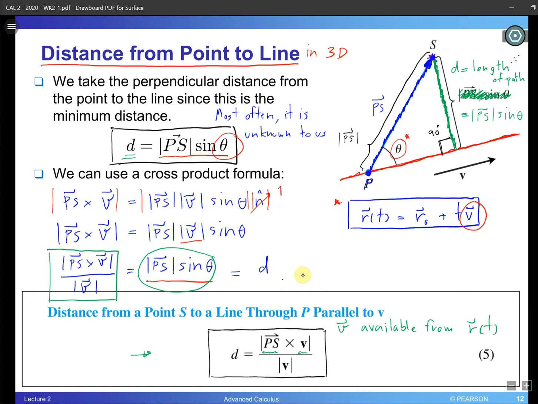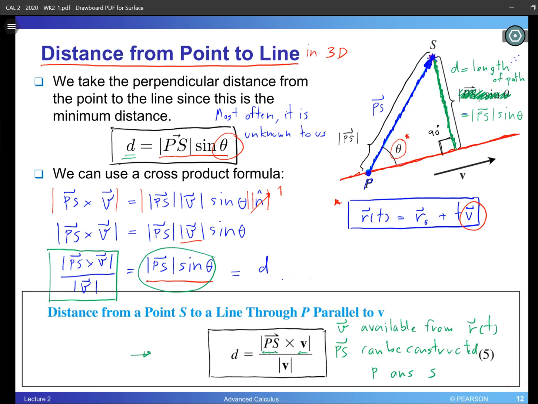And now PS can be constructed from point P and S. As long as we know the point S and we pick a point on the line, we can create this PS. And d can be calculated much easier than the previous formula.